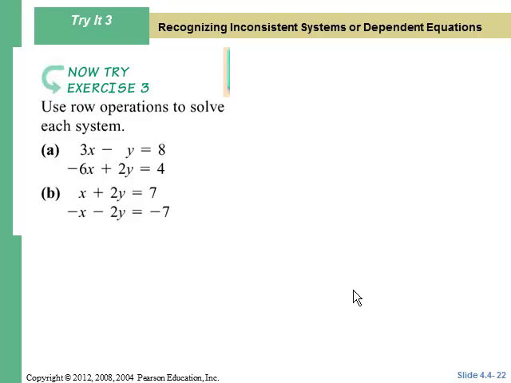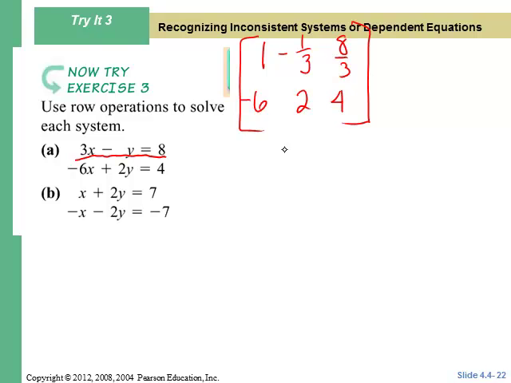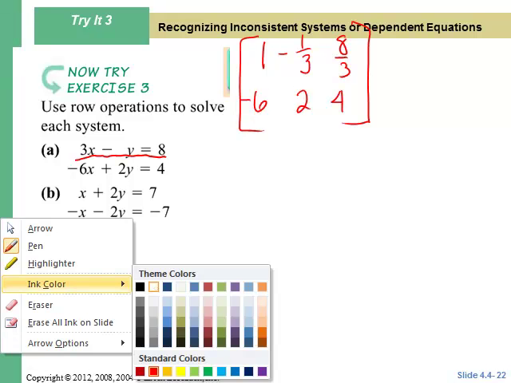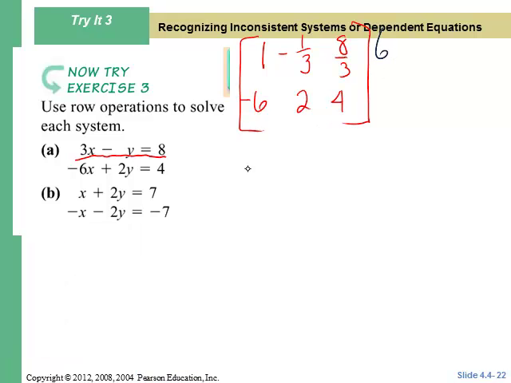Now you can also get a system of dependent equations. Let's look at this first one. If we multiply the top row by 1/3, we get 1, negative 1/3, 8/3. Second row is negative 6, 2, 4. So let's multiply the first row by 6 and add it to the second row.